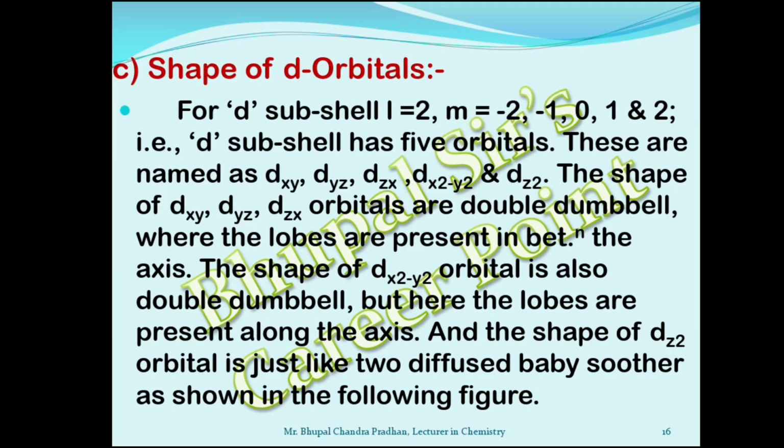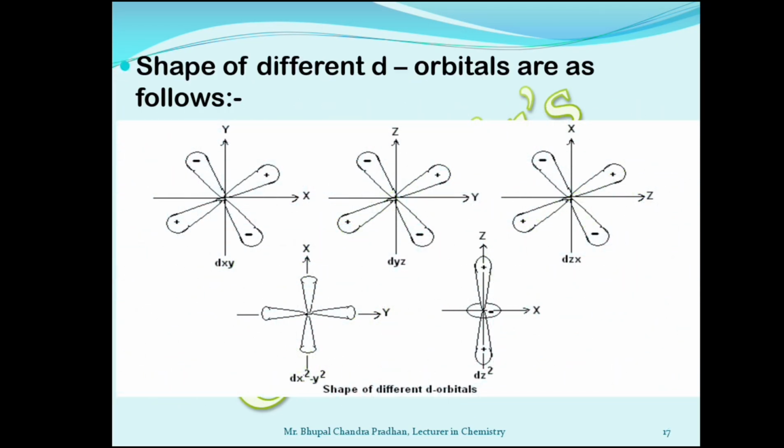The shape of dxy, dyz and dzx orbitals is double dumbbell where the lobes are present in between the axes. The shape of dx square minus y square orbital is also double dumbbell, but here the lobes are present along the axis. And the shape of dz square orbital is like two diffused lobes with a ring, as shown in the following figure.